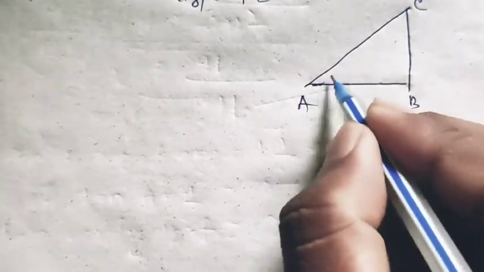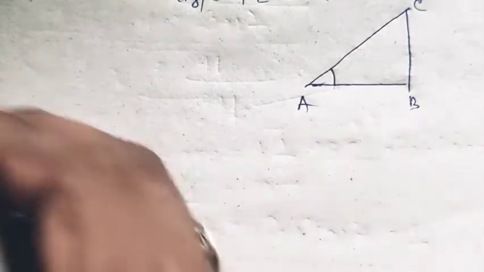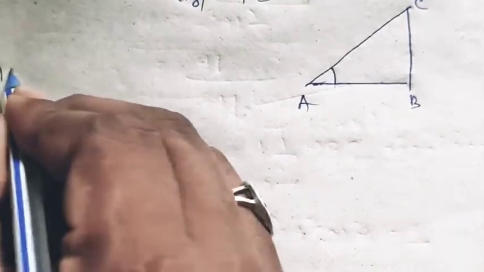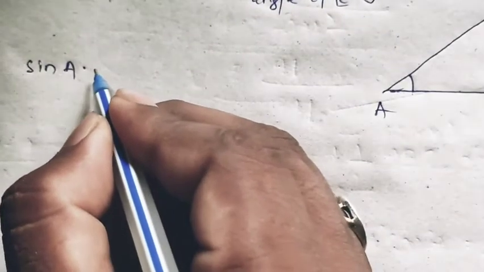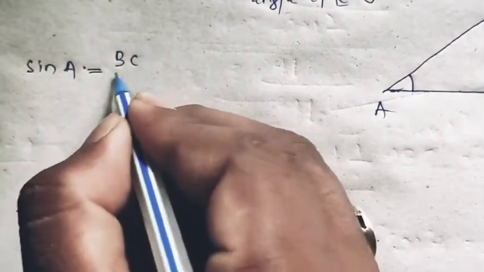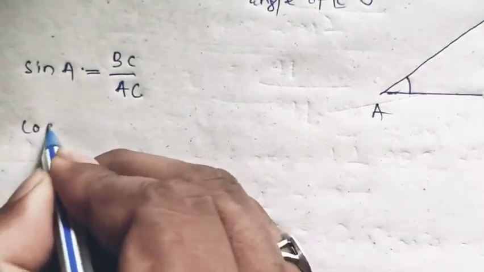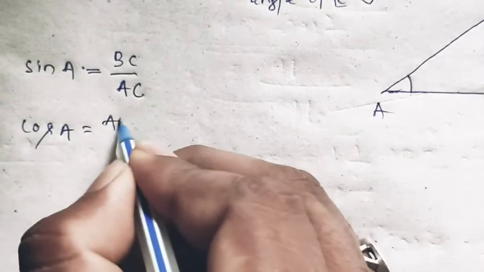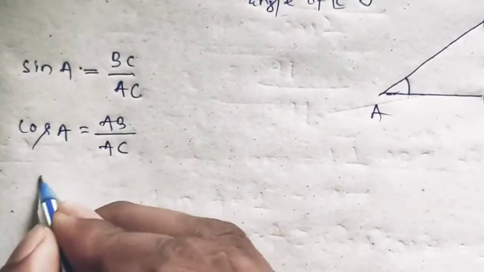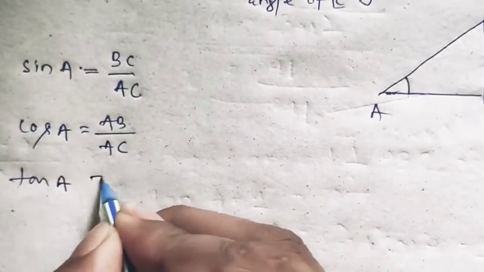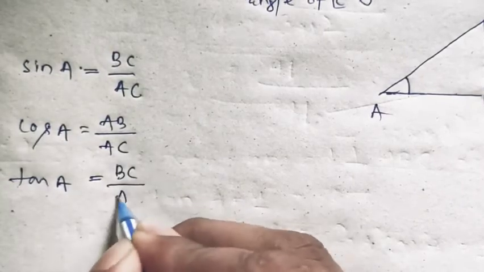Okay, let's consider another triangle ABC. Here, considering the angle A, we can calculate sin A. So sin A is equal to BC by AC. Similarly, cos A is equal to AB by AC, and tan A is equal to BC by AB.